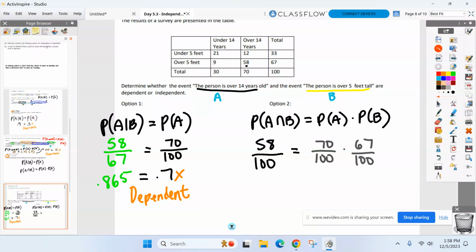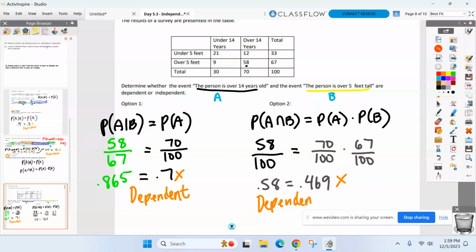Again, I have no idea if these two are equal until I type them in my calculator. I know that's 0.58. Now I go to my calculator, 70 over 100 times 67 over 100, and I get 0.469. So again, even using the second test, they're also dependent.